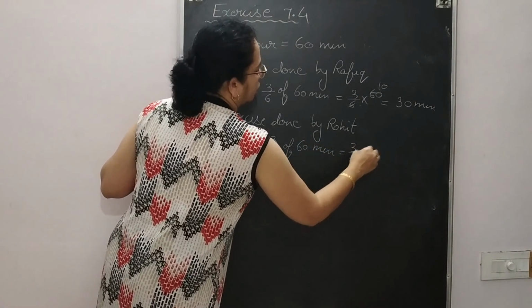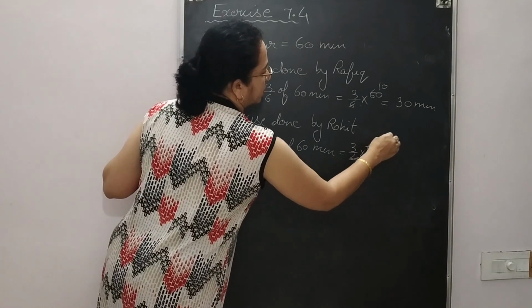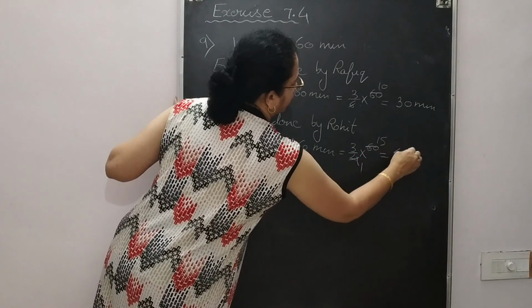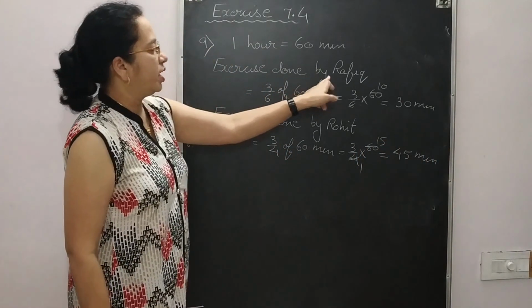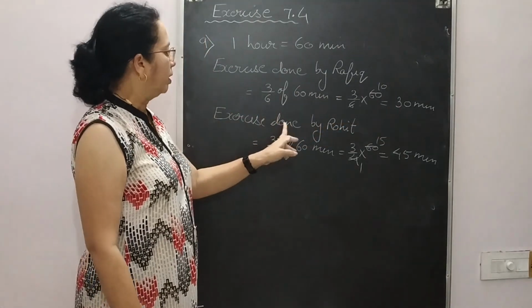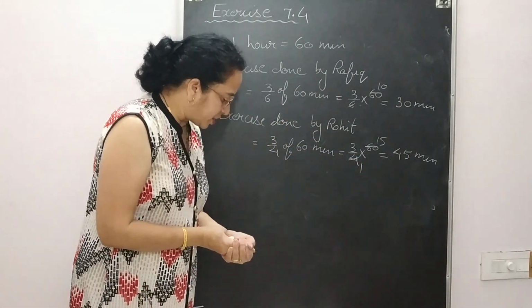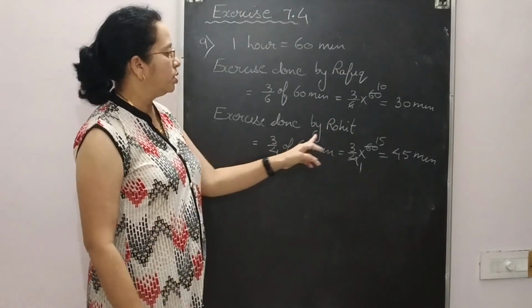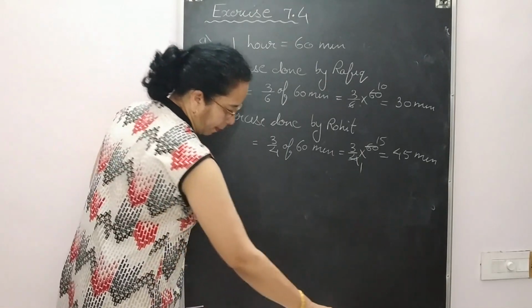So 3 upon 4 into 60. The number is divisible by 15. 4 15s are 60. 15 3s are 45 minutes. So Rafiq exercised for 30 minutes and Rohit exercised for 45 minutes. Who exercised for a longer time? So Rohit exercised for a longer time.